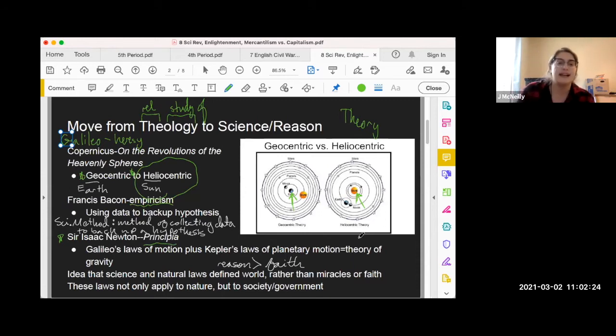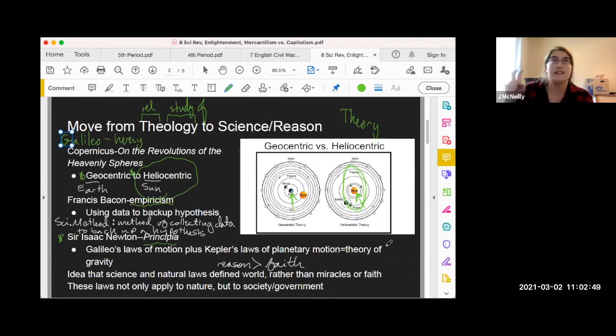He combines Galileo's laws of motion and Kepler's laws of planetary motion, which, according to the geocentric theory, we revolve in perfect circles. But in actuality, our revolutions are more oval shaped than they are circular. So he uses that to do a bunch of math to figure out gravity, the theory of gravity.